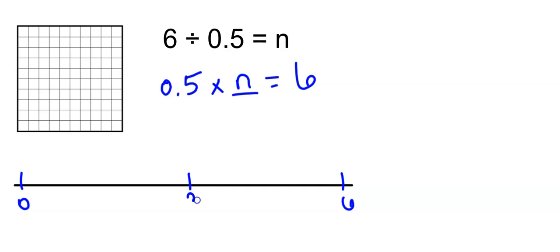And I know 3 is in the middle. 4, 5, and then 6. So then I'm going to partition it in half.